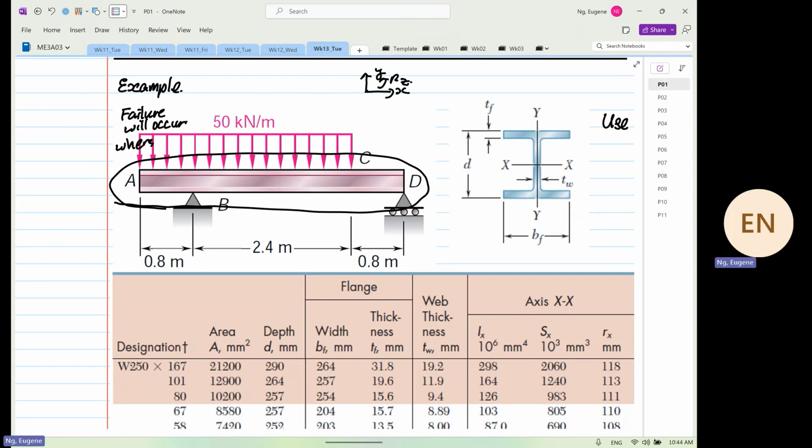Now, on the beam, the next thing we ask ourselves is where failure will occur.